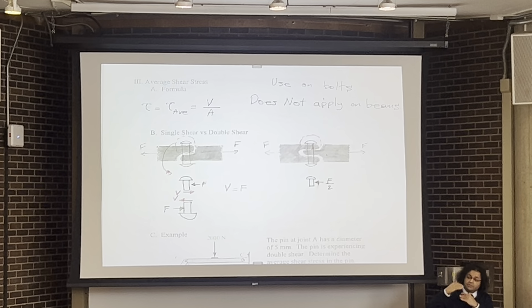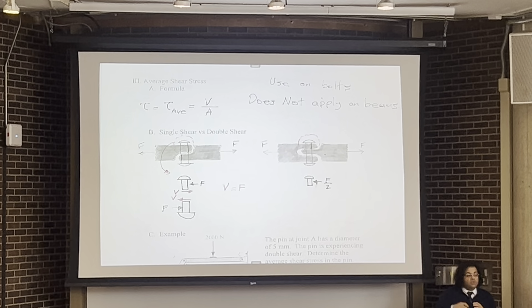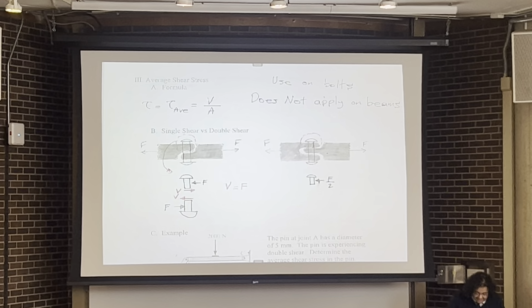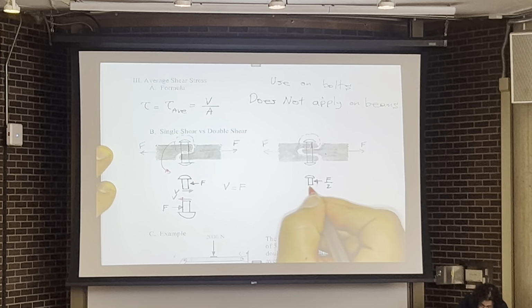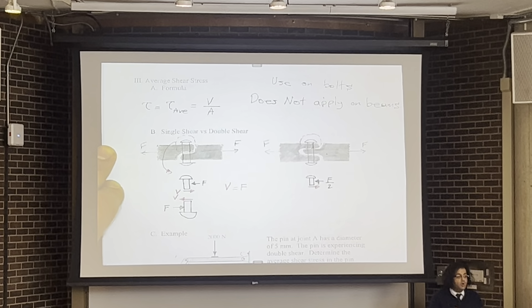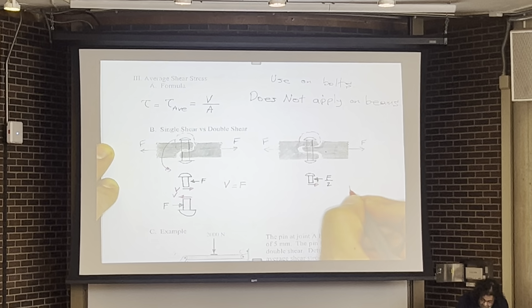We need to satisfy the equilibrium of forces and also equilibrium of moment. If they are not equal, we're gonna have some sort of rotation. But anyway, it's gonna be F over 2. So the internal shear force inside the bolt this time is not gonna be F, it's gonna be F over 2.